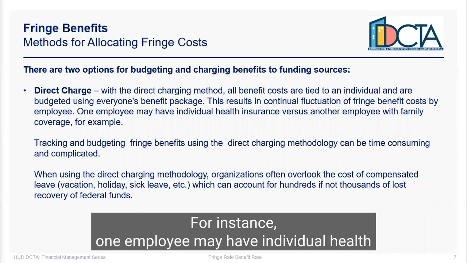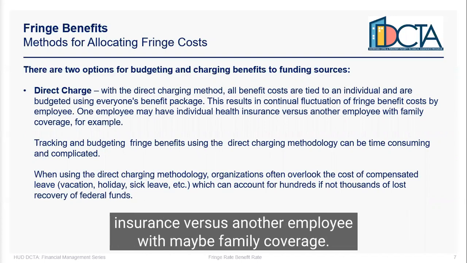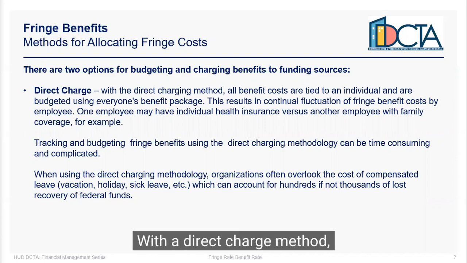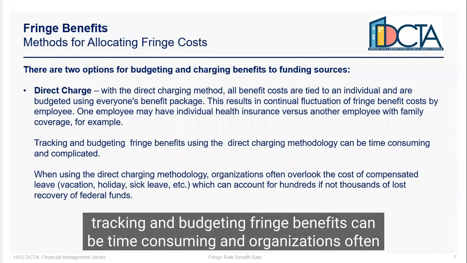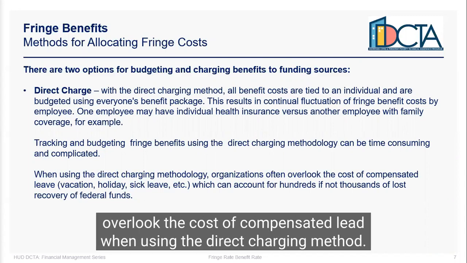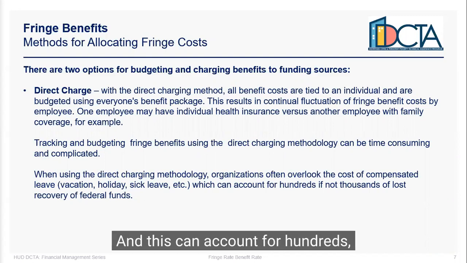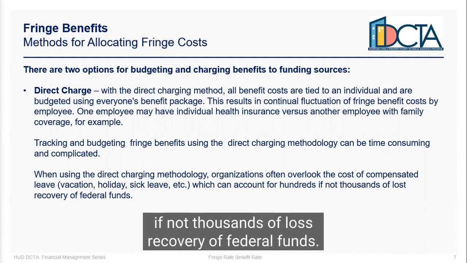For instance, one employee may have individual health insurance versus another employee with maybe family coverage. With the direct charge method, tracking and budgeting fringe benefits can be time-consuming, and organizations often overlook the cost of compensated leave when using the direct charging method. And this can account for hundreds, if not thousands, of lost recovery of federal funds.